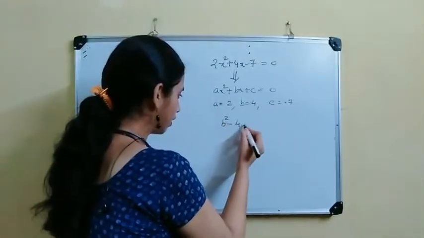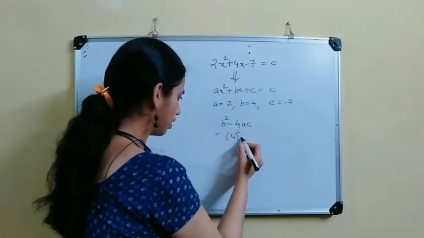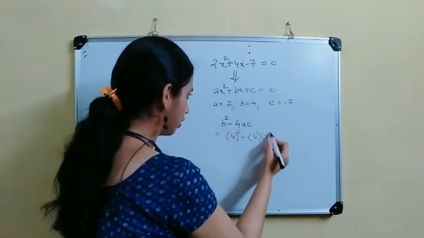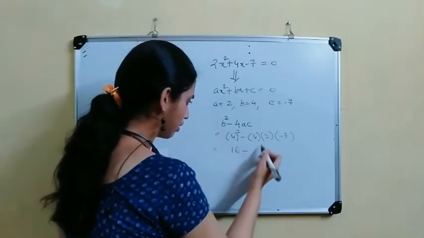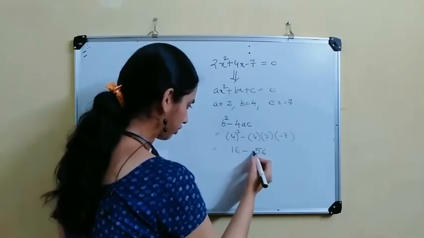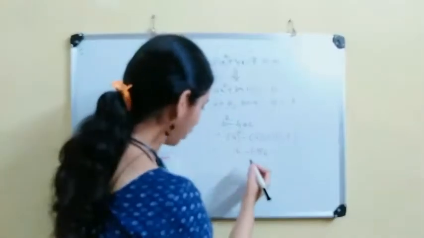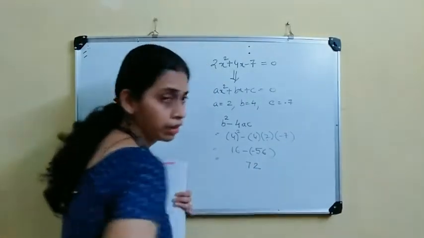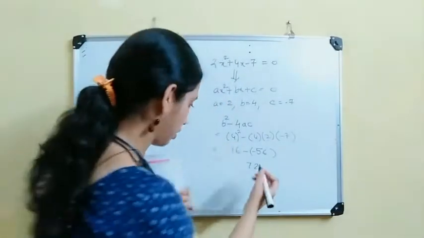b² − 4ac, right? So it is 4² − 4 × 2 × (−7), that is 16 plus 56, you are getting 72. So 72, students, is greater than 0.